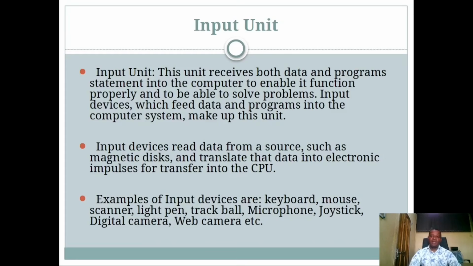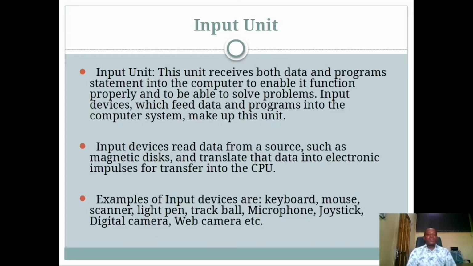The mouse is another input device. The mouse is used to select instructions and commands for execution. So the mouse controls a pointing device that allows you to click on the specific instructions you want your program to execute. Then we have a scanner.